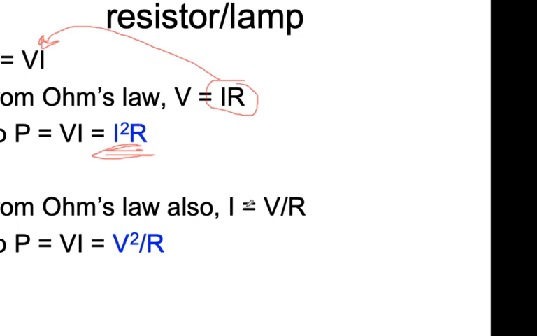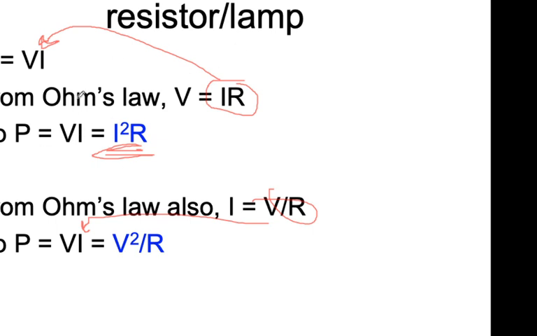Another way we can do it, we can substitute the current out of the power equation, right? Current is equal to V over R. So if we substitute that in, V over R, into our power equation for current, we get V squared over R.